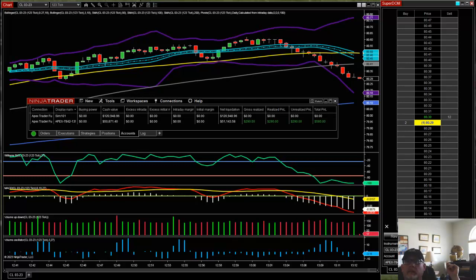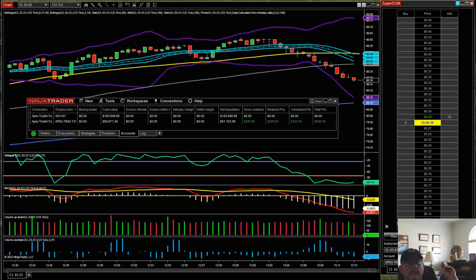Looking for 80.08. I'll be happy between 80.11 to 80.08, 80.06. Got 60 ticks on the up here now. Looks like we'll come out around 80.34 right now.